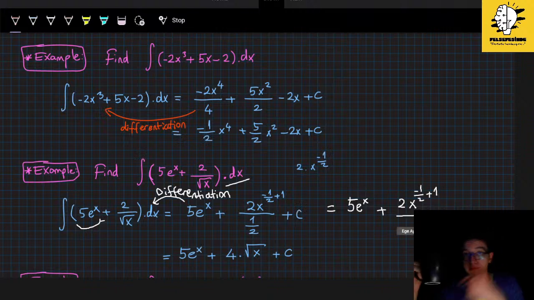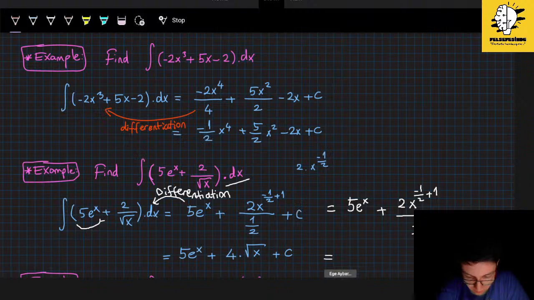In order to get rid of minus 1 over 2, when we differentiate, we have to put minus 1 over 2 here too. So when we simplify it, we will find that it is 4 times the square root of x plus c. Do not forget c here. I think that's clear.